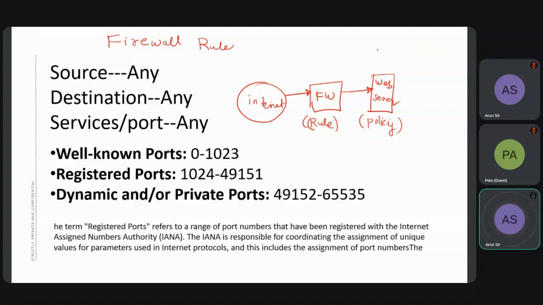This particular thing will have two tables. One is called incoming and another is called outgoing. So whenever I have this incoming and outgoing, I have to decide which traffic can come inside, which traffic can go outside.